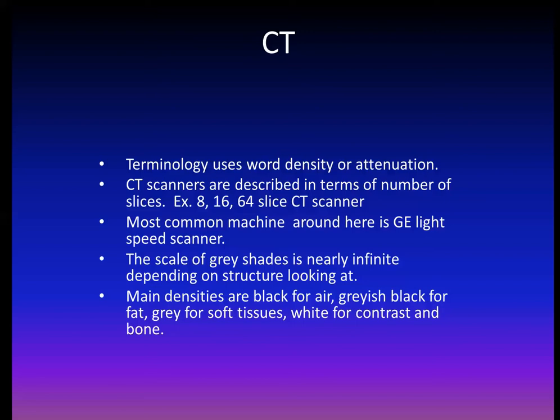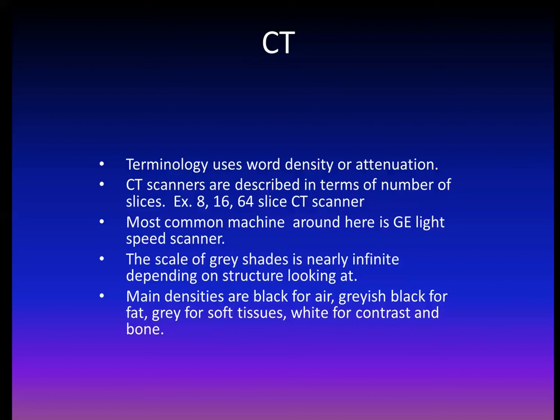So anytime we talk about the color of a lesion in the body, so say we're looking at the head CT and we see something that's white, we're going to say that that's hyperdense, or it's going to be high attenuation. Whereas if it's black or dark, it's going to be called hypodense or low attenuation. So that's just the normal terminology we use.